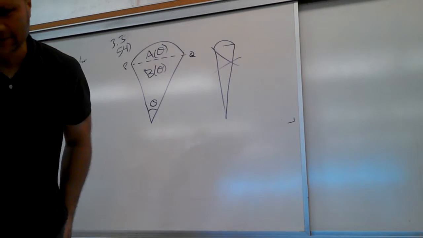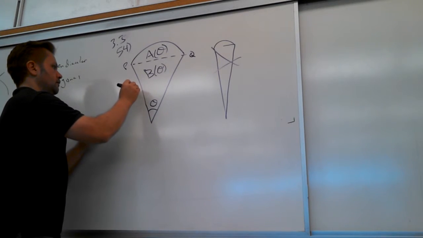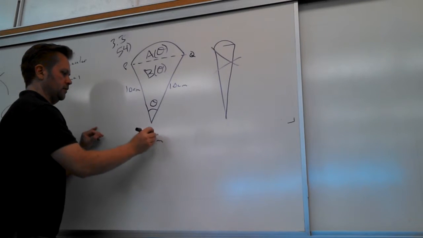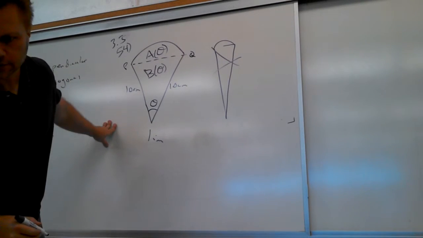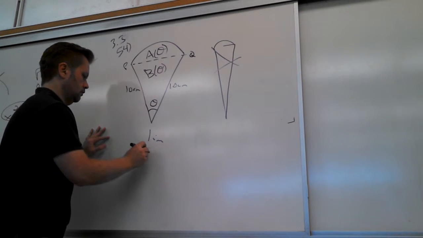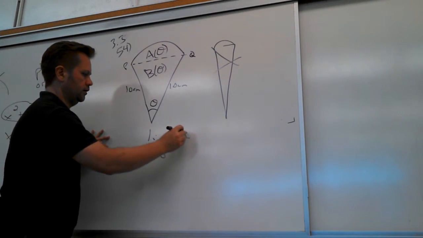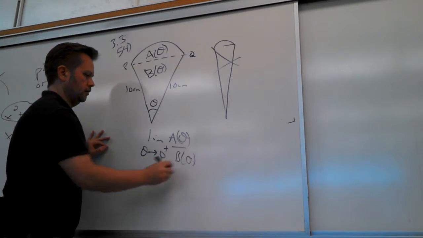And they also tell me these sides here are 10. And what they want me to figure out is what's the limit as theta goes to 0, from above, of the area here and the area there.